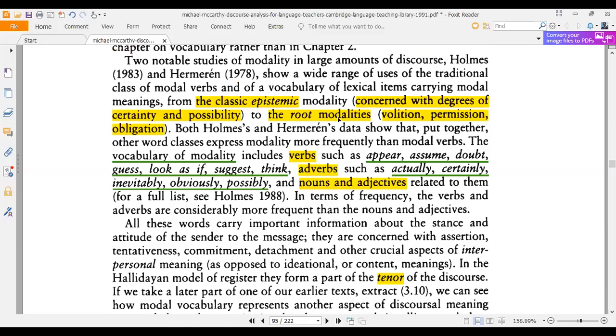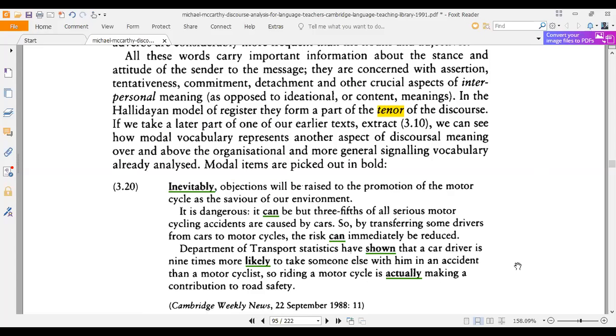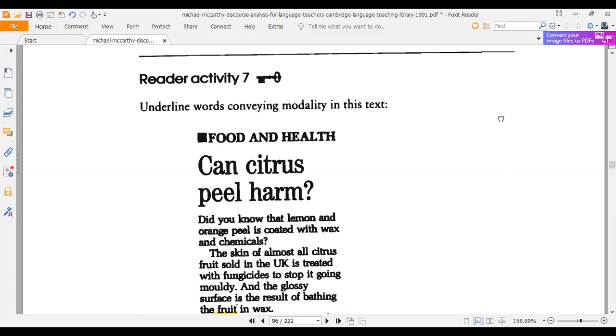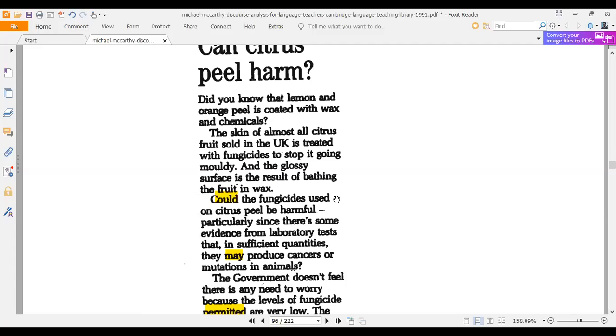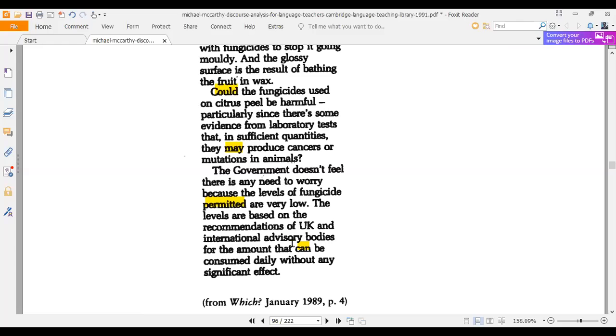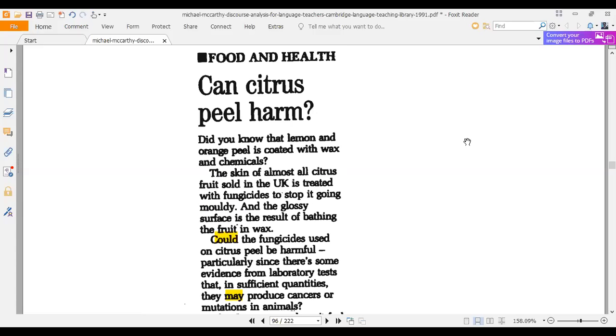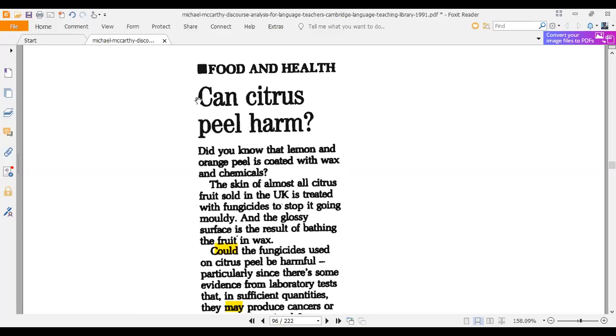Root modality covers volition, permission, and obligation. So the last is "can", which also has the possibility meaning. Therefore, it's classic epistemic, and the title of the article is also classic epistemic modality.